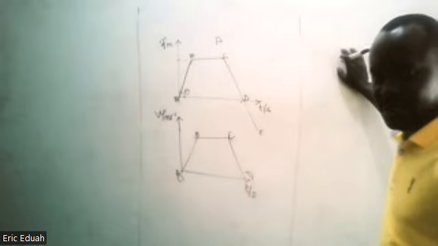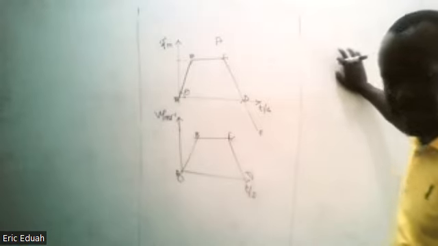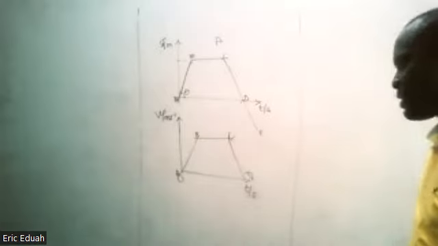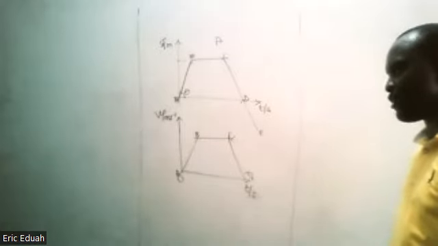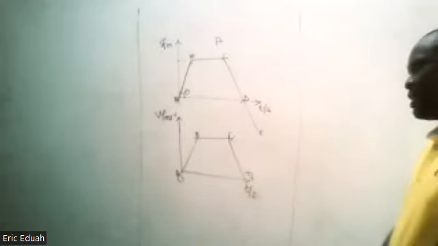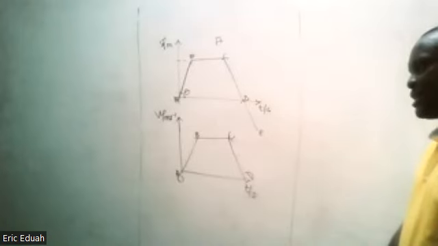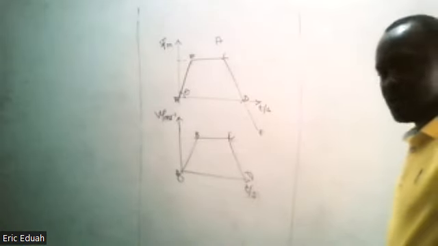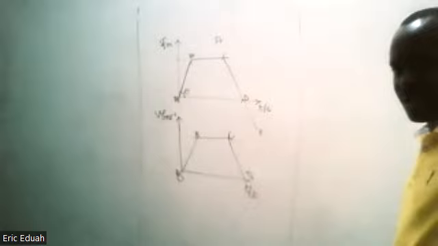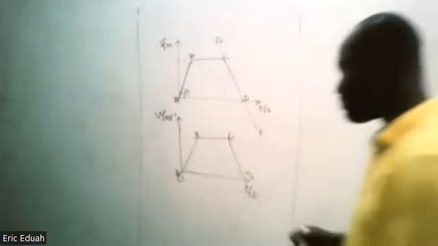That's just the motion. I'll take it again. A body starts from rest, accelerates uniformly to a point B, then maintains the speed from B to C, then decelerates uniformly to rest. That is the motion.